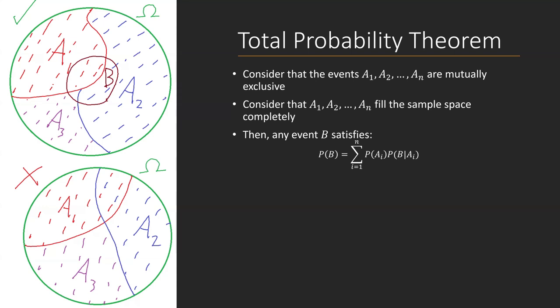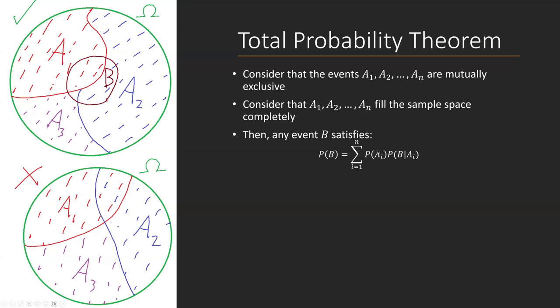And what the equation says is that any event B, so B you can draw as you like. It can be within one of these A, it can cover all of them, or just a subset of them. Any event B can be computed by taking this sum here on the right. And if you look at the terms of this sum, you see that first we're always taking the probability of this subset of the sample space. So what we're doing there is really restricting ourselves to this subset.